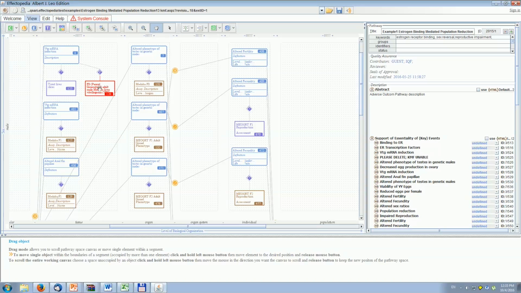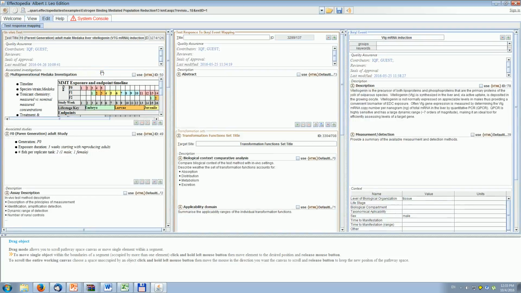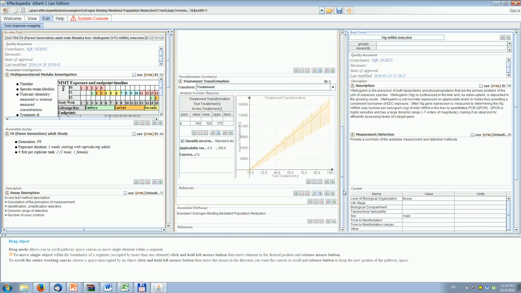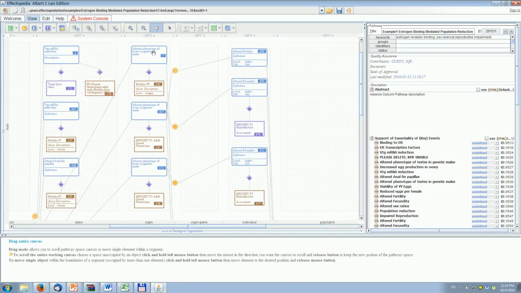So in the case of in vivo MEDACA study, we need to convert this water concentration to in liver concentration, and for that purpose a kinetic study has been performed, which measured the steady state differences between this in vivo and in vitro concentration, and has established a bioconcentration factor of 160, and this allows us to use the measurements of the assay as they are and just transform the treatment levels so they are relevant to in vivo treatment levels.